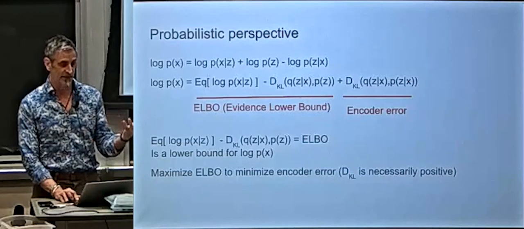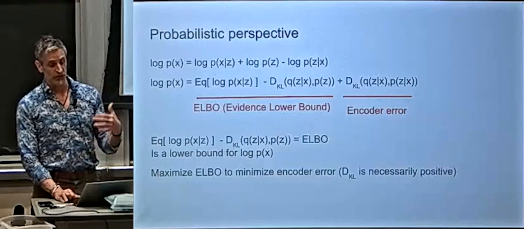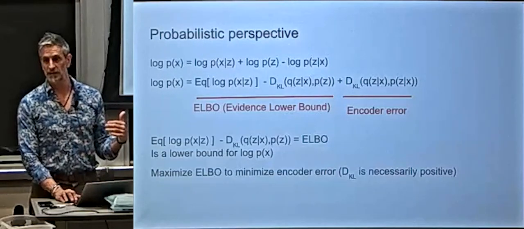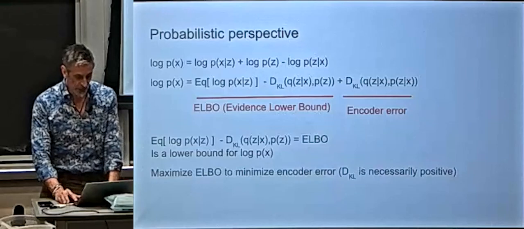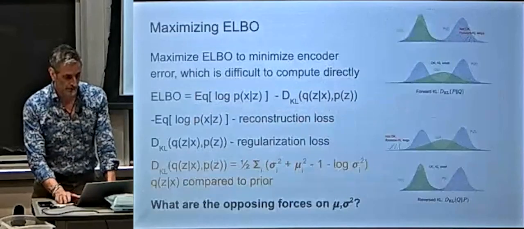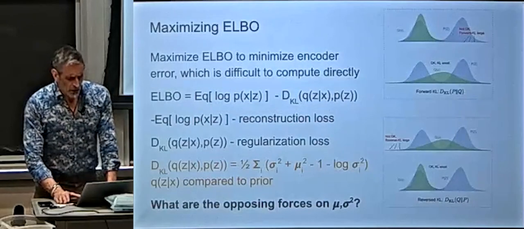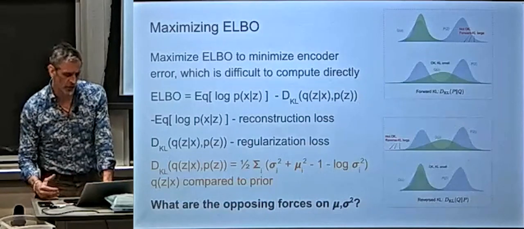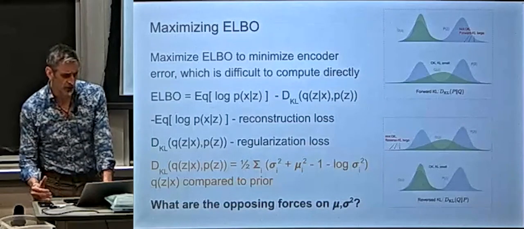So that's kind of the trick. We're just going to maximize this thing in the middle because it's going to do the right thing. All right, and within the ELBO, we're going to maximize the ELBO, and there are two terms there.